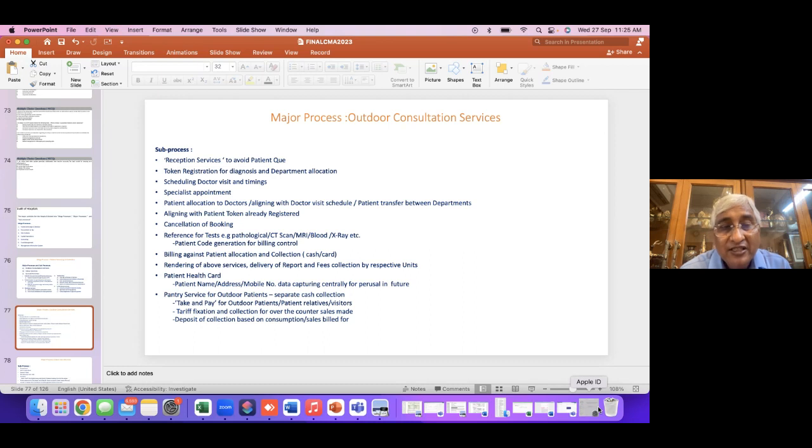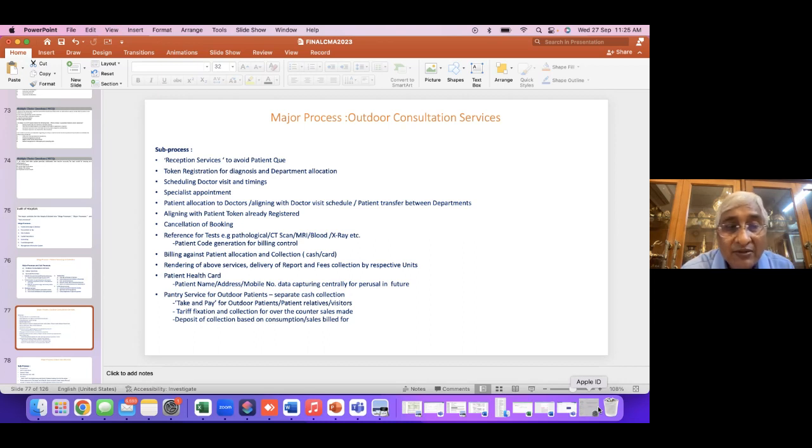The pantry services are again provided to the outdoor patients. Sometimes the waiting patient's family can also enjoy the services of the canteens. So the pantry service or canteen service is against the billing, and the billing is done particularly at the center from where the foods are delivered or where the canteen service is available.